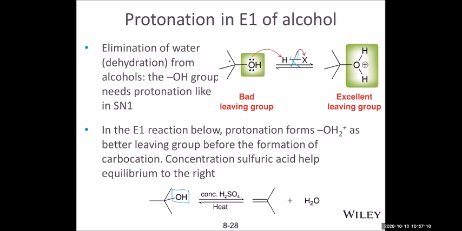Oftentimes the protonation, of course, we're talking about using a strong acid to give a proton to the alcohol. And for the strong acid, we have quite a few options. Concentrated sulfuric acid is one of the good acids, very suitable, because it not only protonates the OH group in the alcohol, because it's a strong acid, but concentrated sulfuric acid also absorbs moisture like crazy.